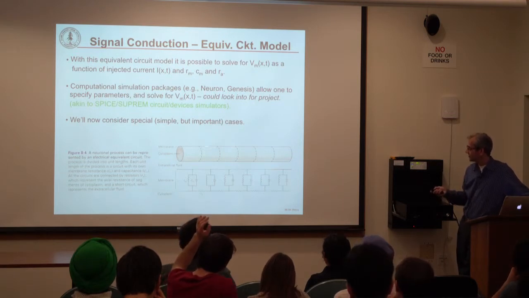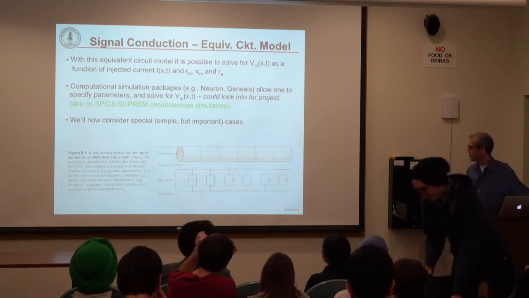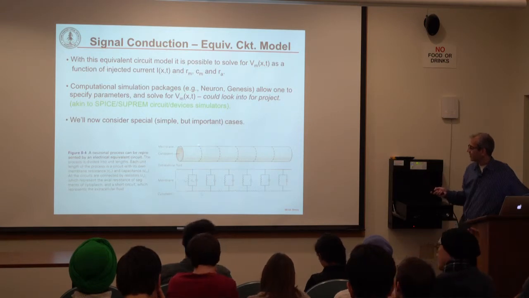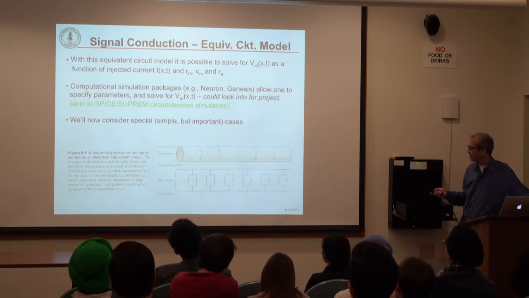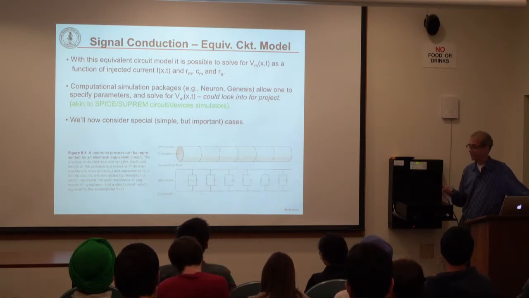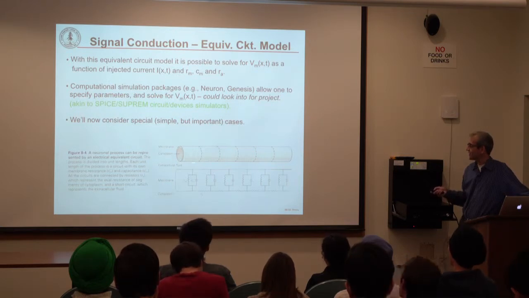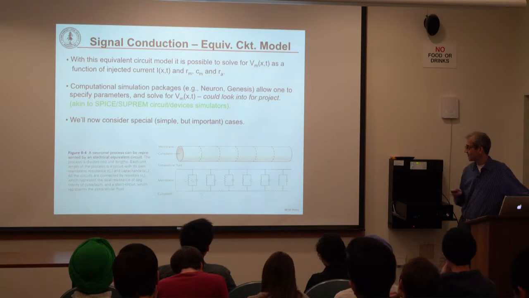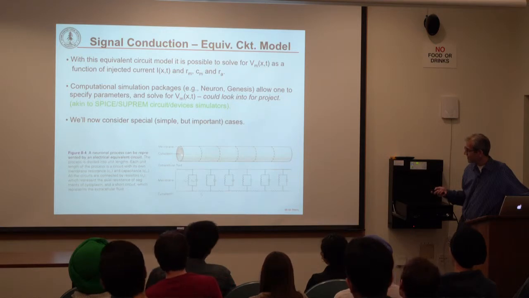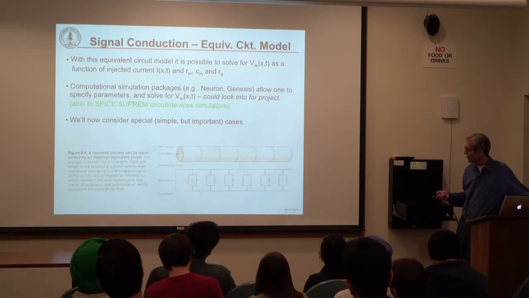To jump to the chase in this figure, this is that dendrite, and we can chop it up into these little length segments. You could imagine doing this in a continuum, where you would integrate over some length, or you could imagine doing it discretely. What you have is a Cm here, the membrane capacitance between the inside and the outside across that membrane.